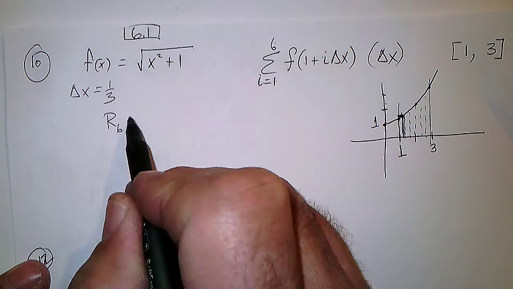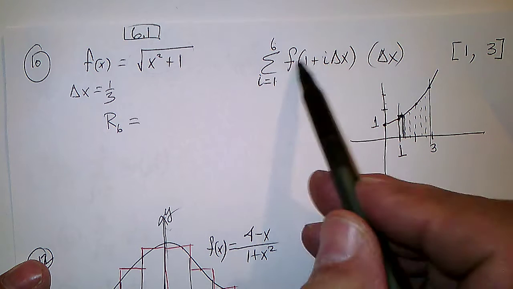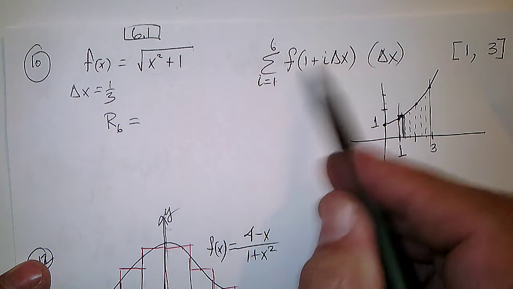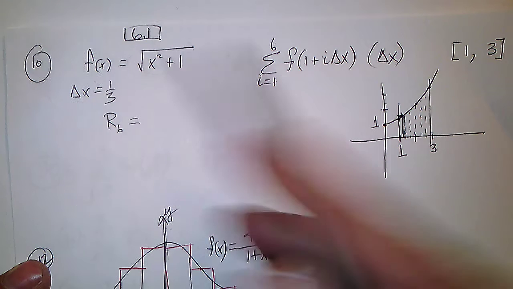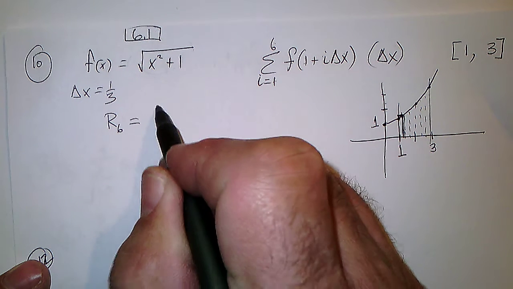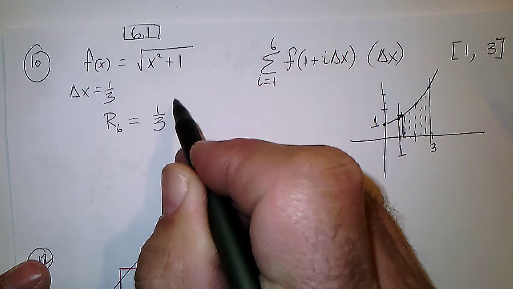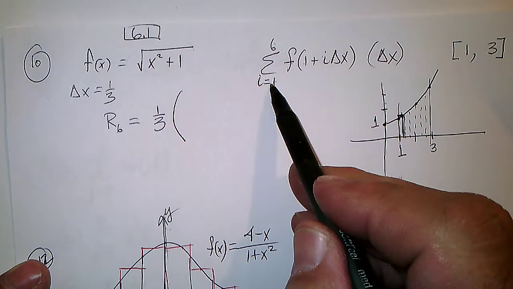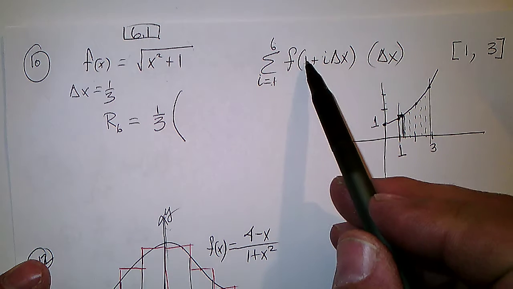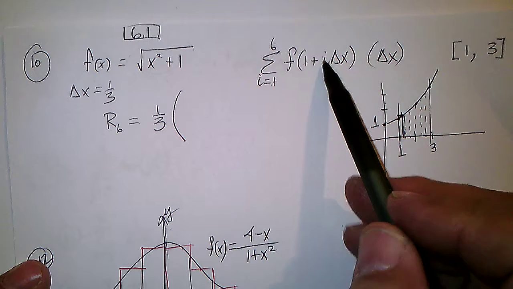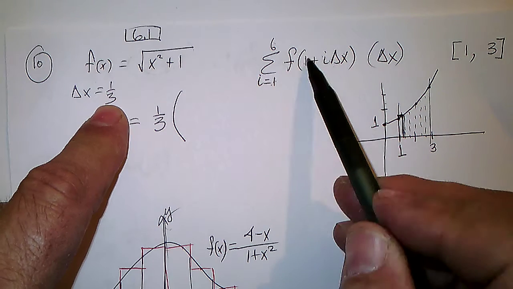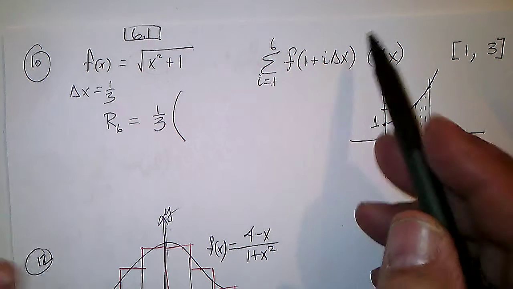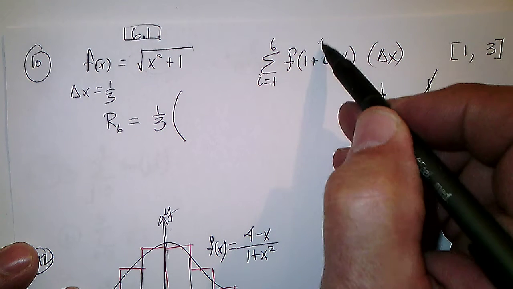So this formula says use 1. They're all times delta x, and delta x is 1/3. So I'm going to just put the 1/3 on the outside. And then we're going to do 1 in here. So 1 plus 1, I is being replaced with 1 times 1/3. So that's 1 plus 1/3, that's 4/3.